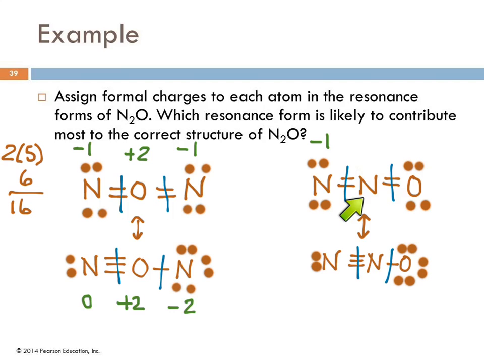Nitrogen in the middle brought in 5, owns 4. 5 minus 4 is +1. Oxygen has 6 valence electrons. How many does it own here? 6. So this is 0. Okay, so those are already lower formal charges than we saw for either of these guys, which is making both of these guys look really bad.